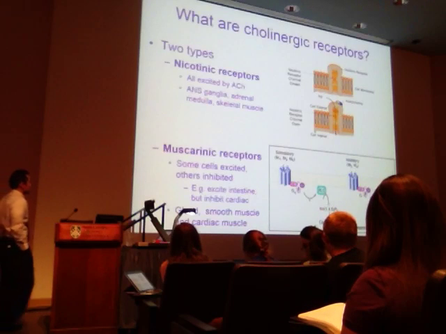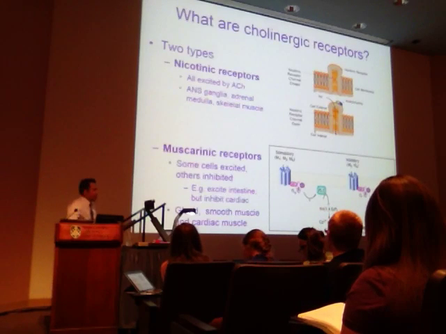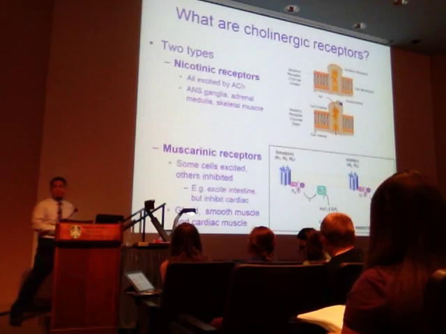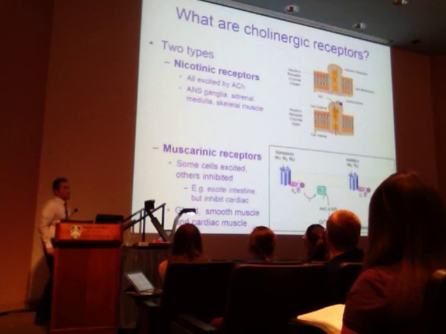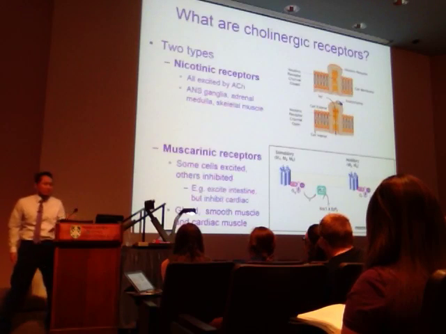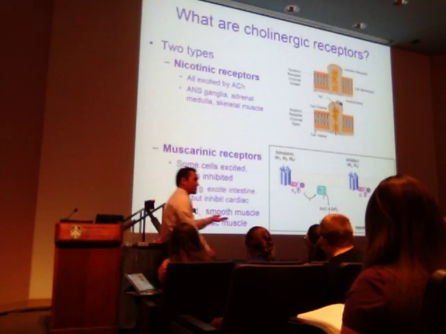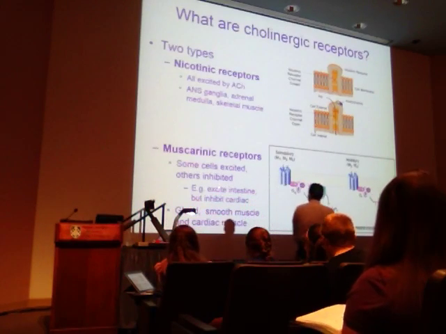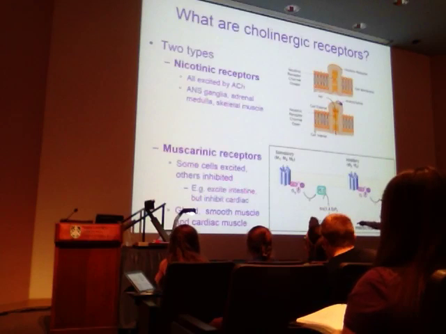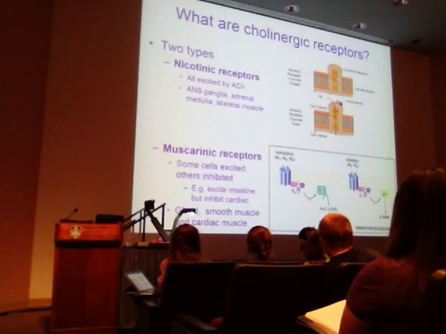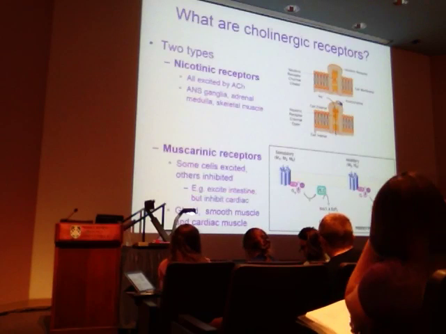Okay? That's the history. What it does is variable. Its activity, some cells are excited and some cells are inhibited. You're like, well, that's confusing. Yeah. But it's important that you have different types of activities. So, for example, it will excite intestines and cause contraction, but it inhibits cardiac muscle.